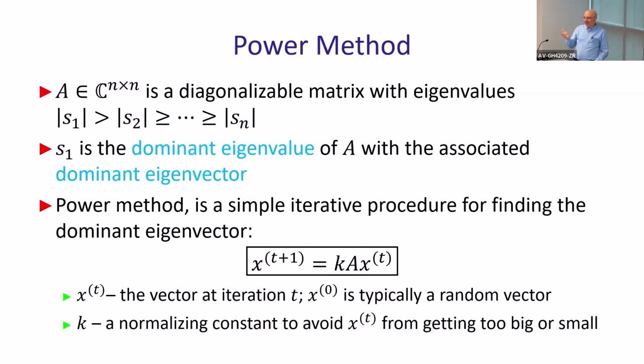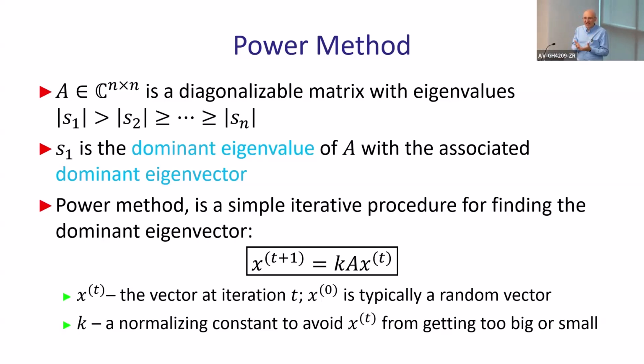You normalize the vector so it always sits on the unit circle, because all you care about in eigenvalues and eigenvectors is direction. You don't care about the constant which multiplies that eigenvector. So you keep it normalized all the time, because you care only about direction, not about the actual magnitude.